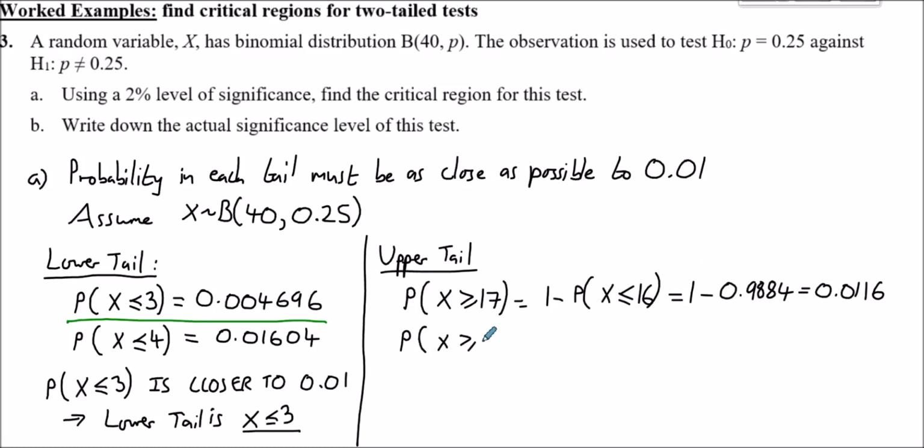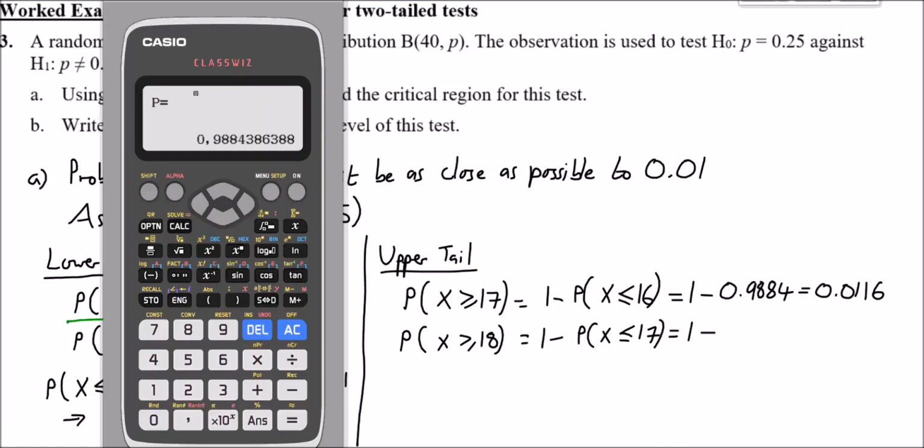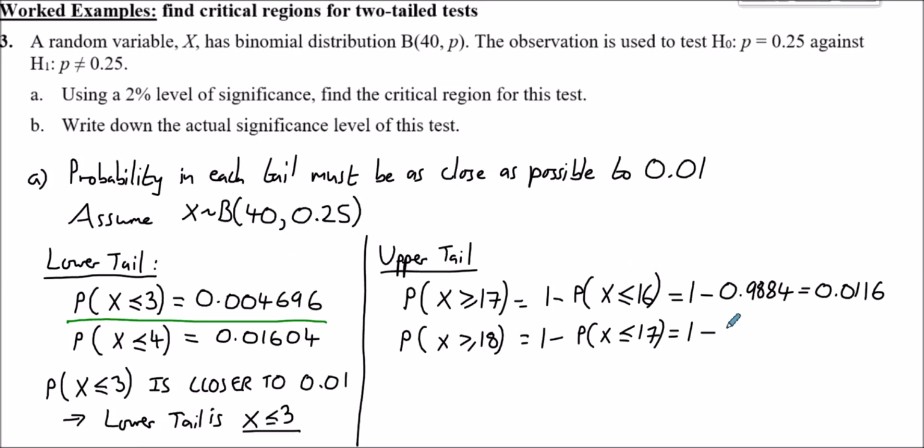The chance of X being 18 or greater is 1 minus the probability of X being up to and including 17. So again, with a calculator, press AC, change the 16 to a 17, we get 0.9953. So 1 minus 0.9953 gives 0.00465, which is obviously not as close.